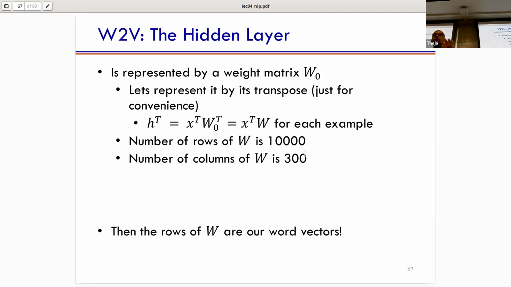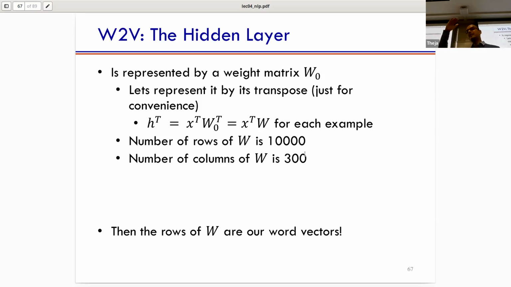Let's say cat is the 1,000th word among the 10,000 words. If I multiply the one hot encoded vector for cat with this matrix, it's just going to pick up the 1,000th row, and that's going to be the 300-dimensional hidden vector. That's all that's happening. One hot encoded vectors times matrices are just picking up rows or columns. In our case, it picks up the appropriate row out of the 10,000 rows.